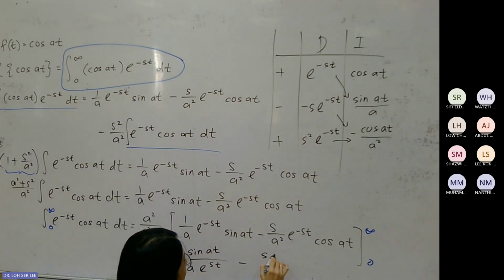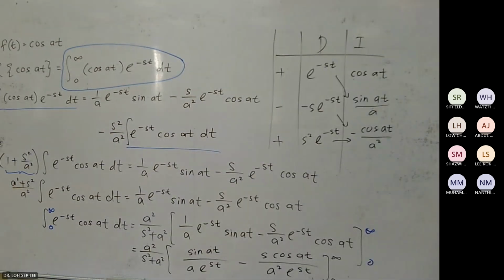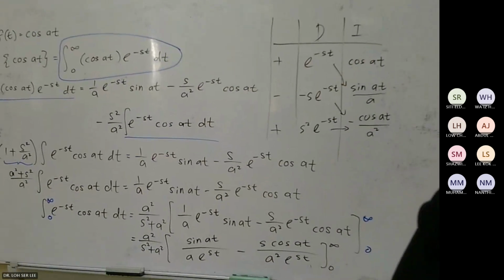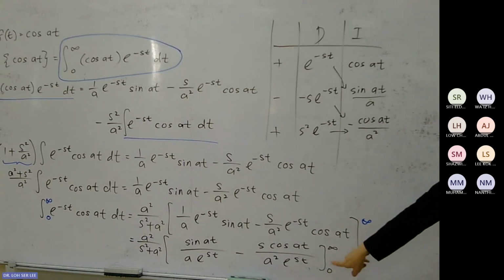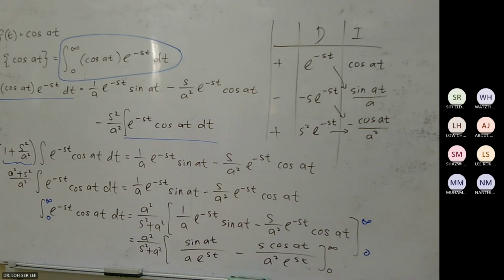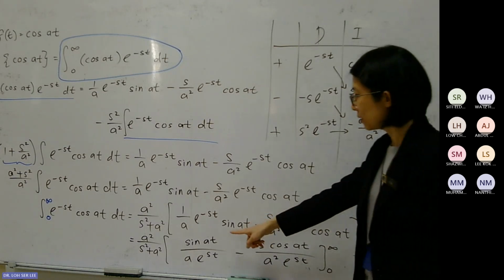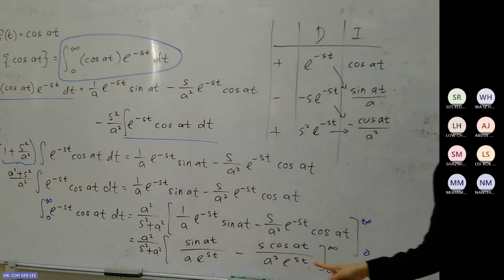This is s cos at over a squared e^st. Now substitute infinity into here and here. We look at this part first. Sine infinity. What is sine infinity?